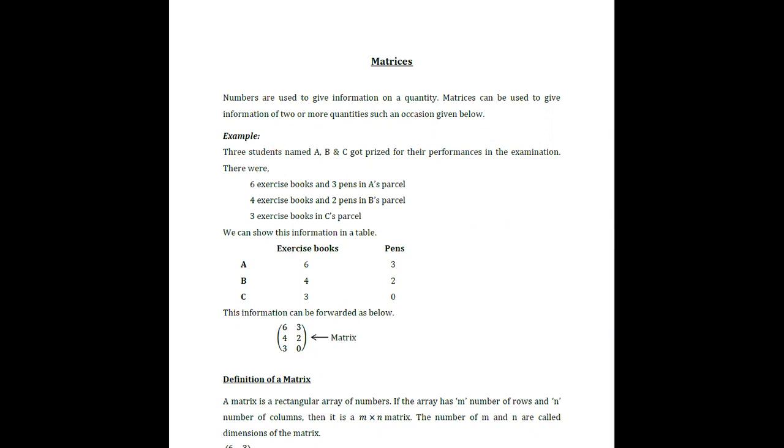Think about there being three students in your class, and they got prizes. We name the students A, B, and the third student is C. If you look at the prizes they have got, A has got 6 exercise books and 3 pens.